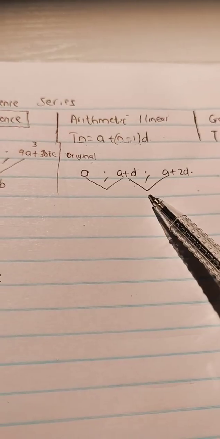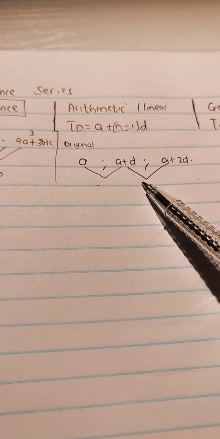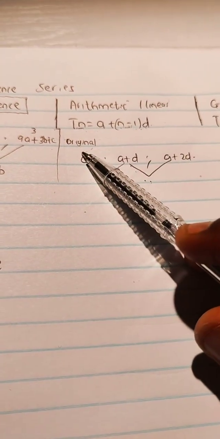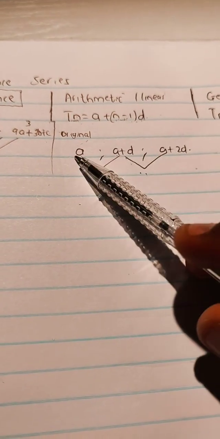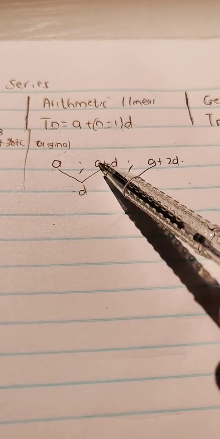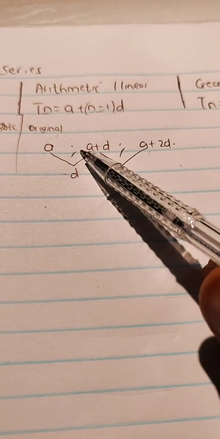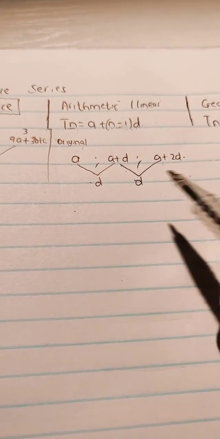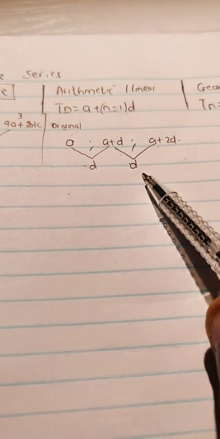But let's notice something. That's my original sequence in terms of A and D. Then my first difference: A plus D minus A. A minus A is 0, then we're left with D. Third term minus second term: A minus A is 0, 2D minus D is D. So we have a first difference here that is constant.